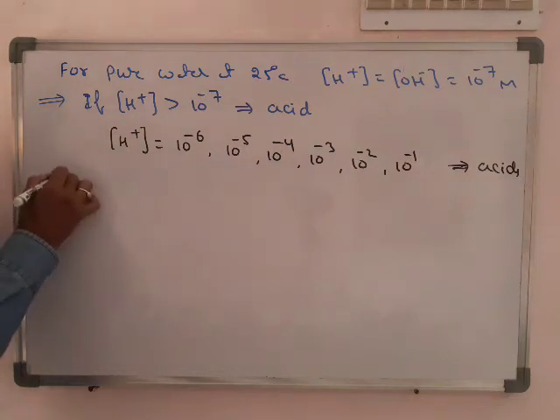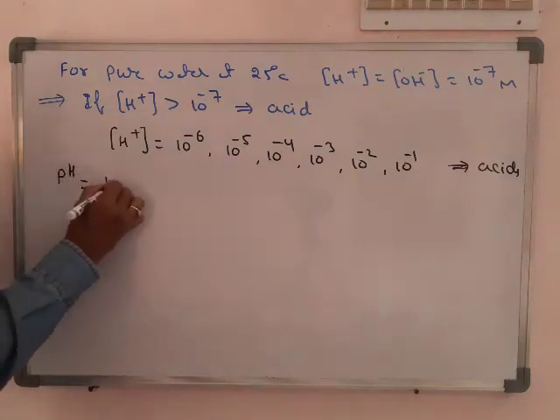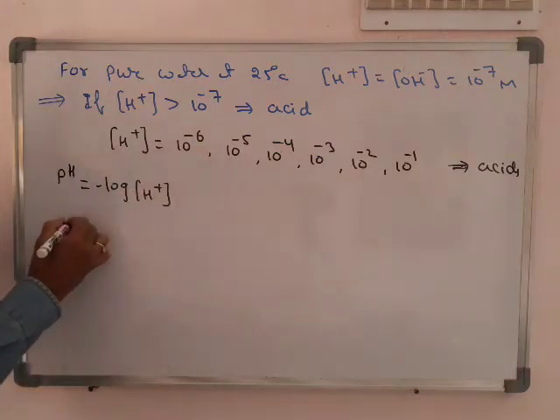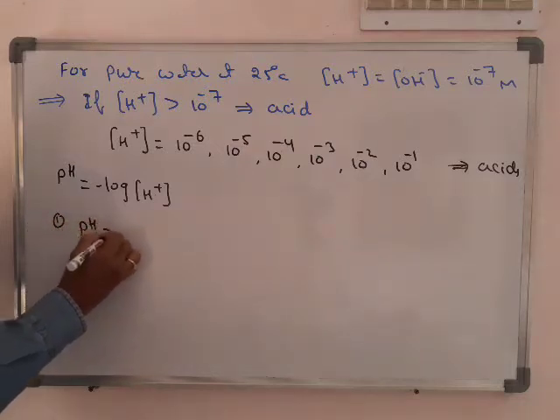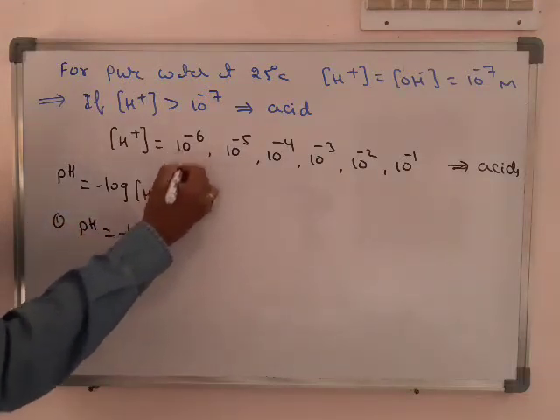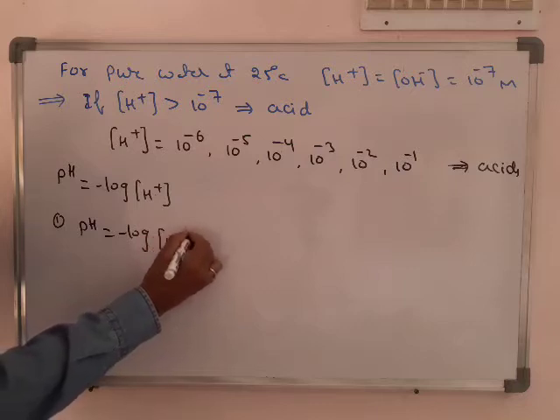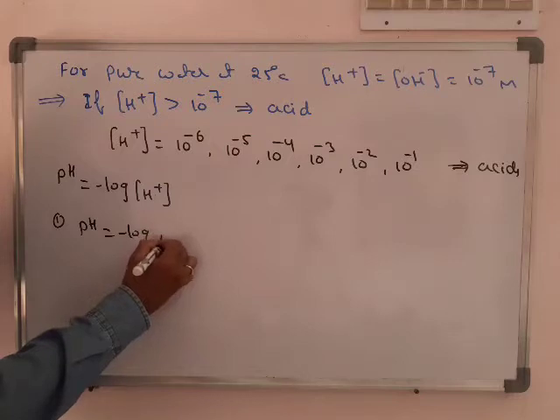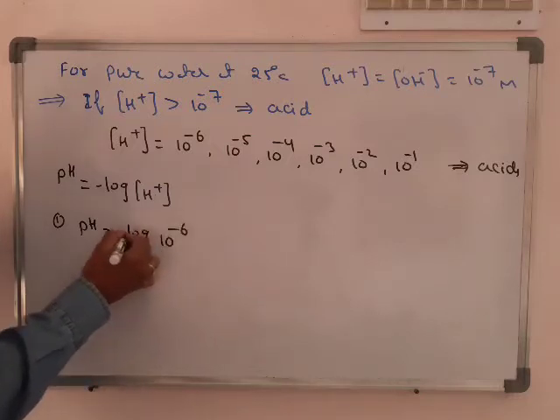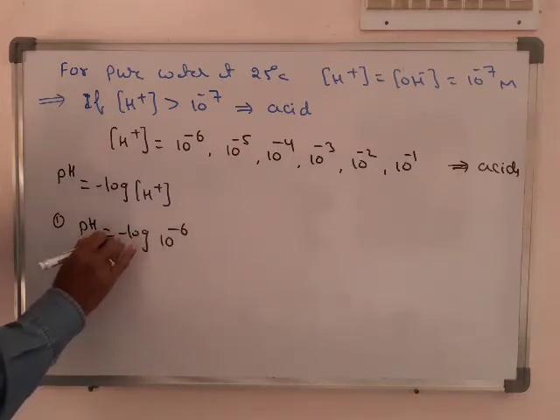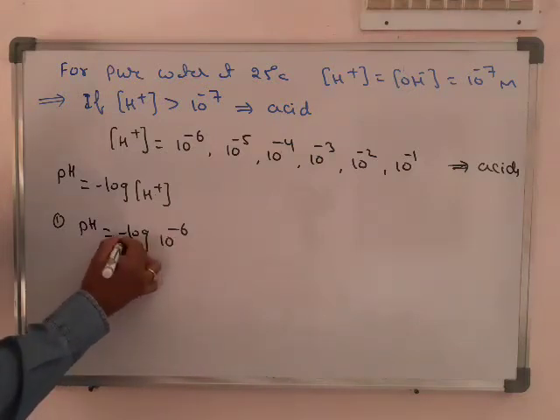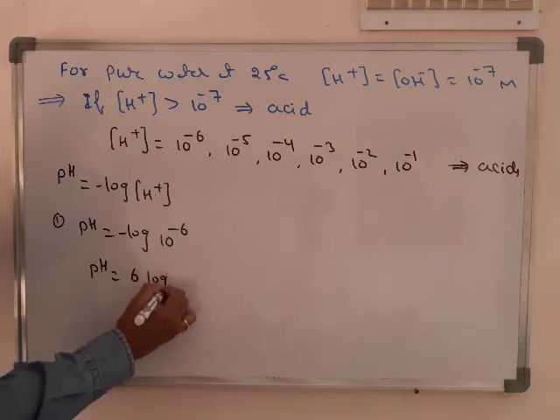Now apply the pH formula. What is the pH formula? pH equals minus log H+. If you take H+ equal to 10^-6, the power comes to the front and pH becomes minus of minus 6, that is plus 6 log 10.